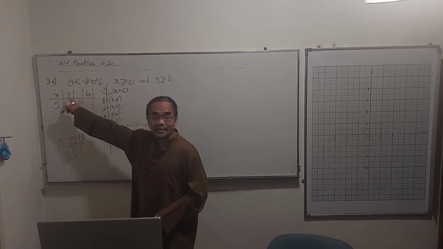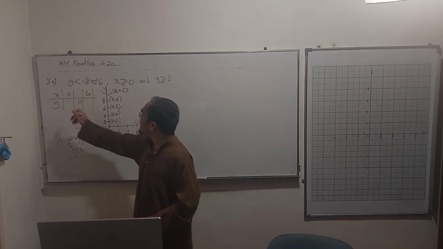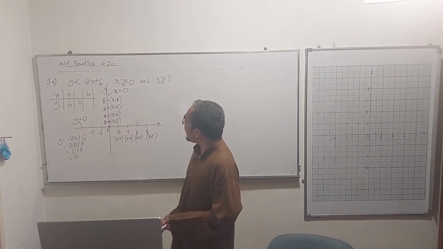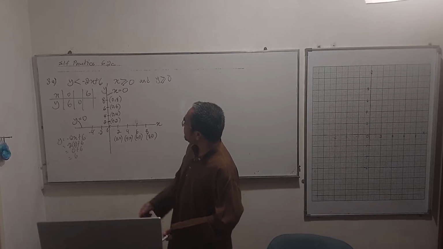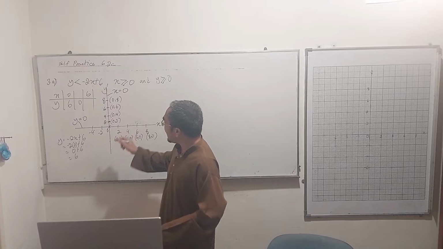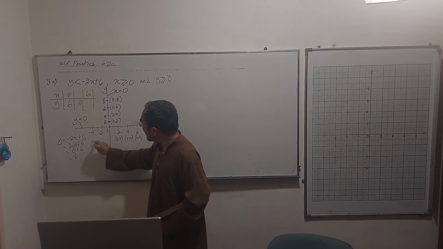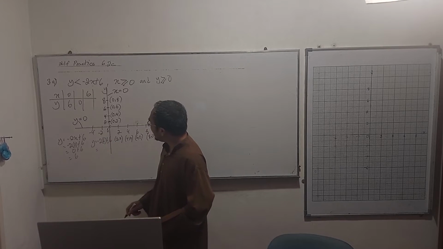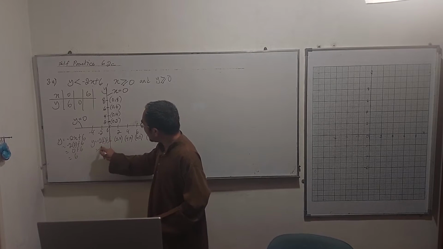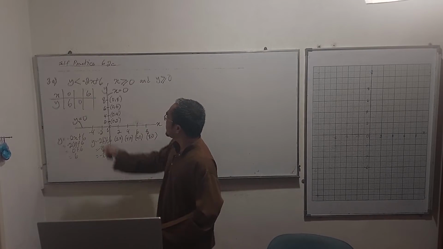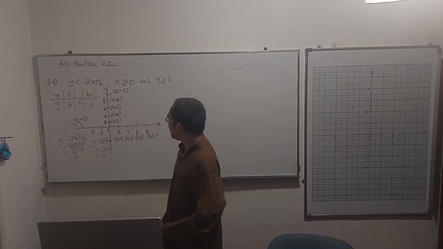So if x is 0, y is 6. That is how you get the first value. Then if you pick x as 6, y equals negative 2 times 6 plus 6, which is negative 12 plus 6, which is negative 6.